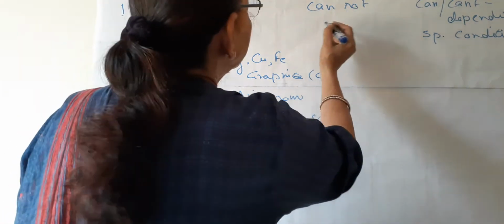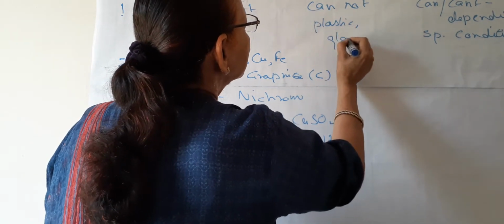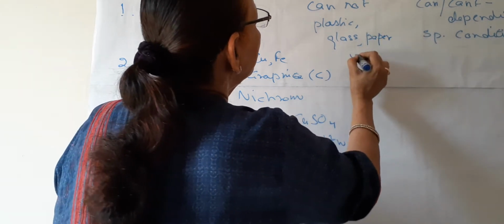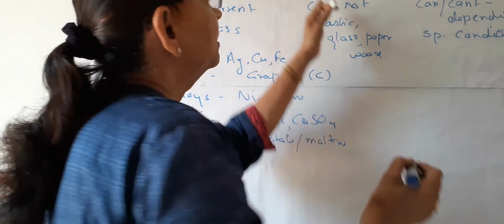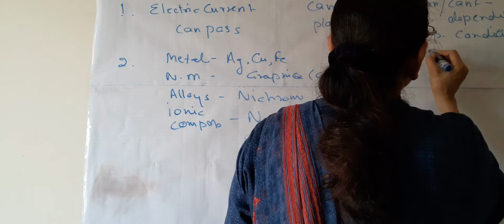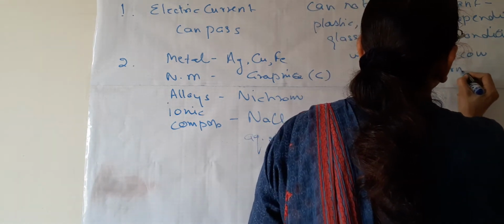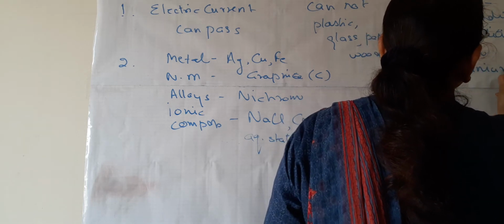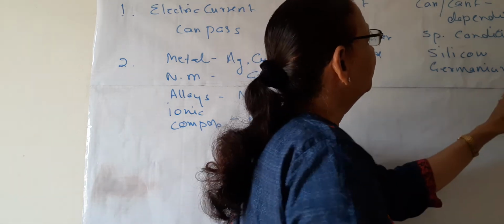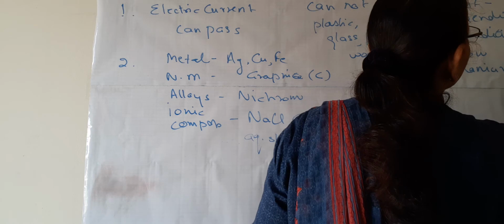Examples of insulators are plastic, glass, paper, wood. These are examples of insulators. The semiconductors, two most important, are silicon and germanium. These are in the 14th group. When you learn the periodic table, 14th group, below carbon, silicon and germanium.